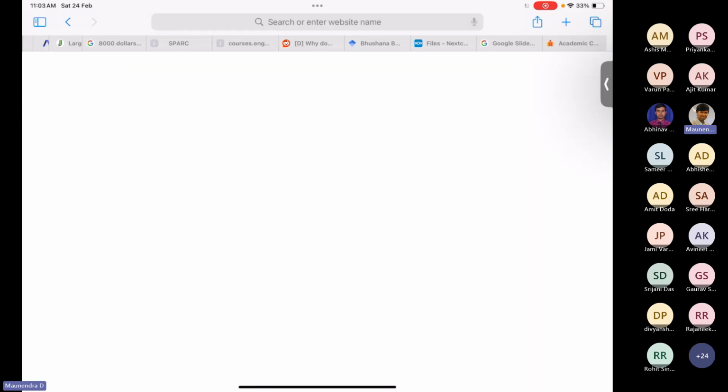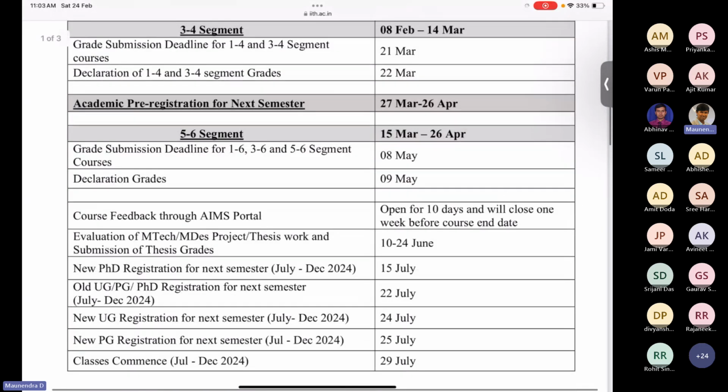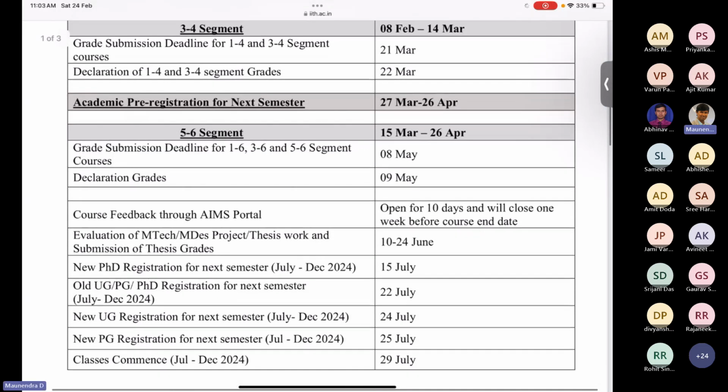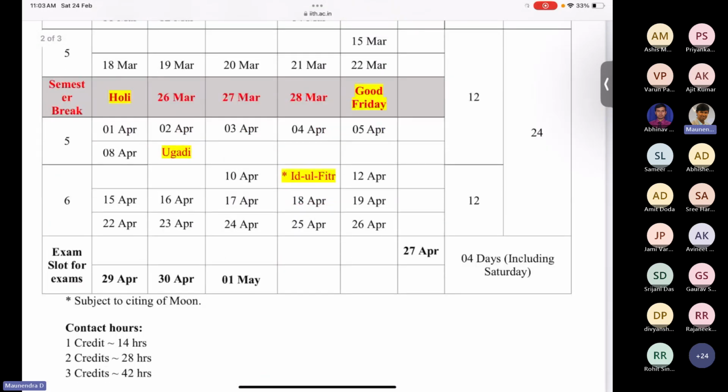The exam slot is from 27th April. This 27th April happens to be a Saturday, and we'll have the physical exam on that day, the 27th. We'll check the room availability and start maybe from 11 a.m. If the room is not available, we can shift it either way by half an hour or so. So that's the thing.